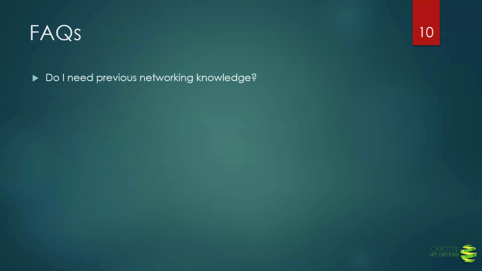So, do I need any previous networking knowledge? Although CCNP is the second level, you need to have basics of IP addressing or networking, like what exactly is IP addressing, what is the TCP/IP model, the OSI model, and some of the basics of CCNA. But to be honest, basics of networking is more than enough for this course, because when we start with routing and switching, I will start from scratch, assuming that you don't know about that topic at all, and we'll go all the way to the CCNP level.